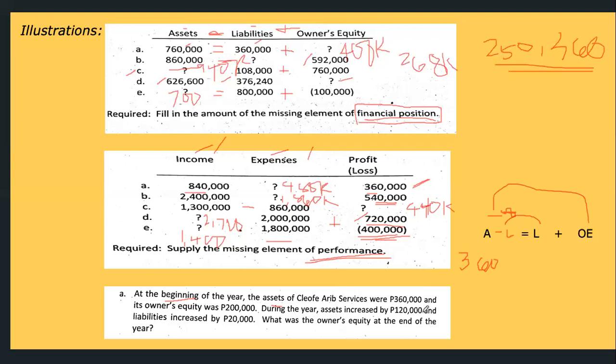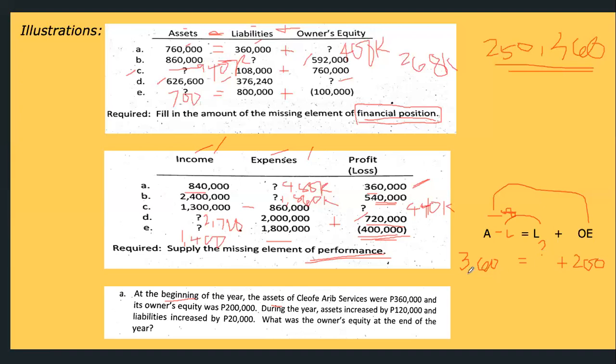And its owner's equity was 200,000. So based on the equation, owner's equity is 200,000, but the liability was not stated. So again, because your equation should be equal, we can easily compute the beginning balance of liability even though it wasn't given in the problem.